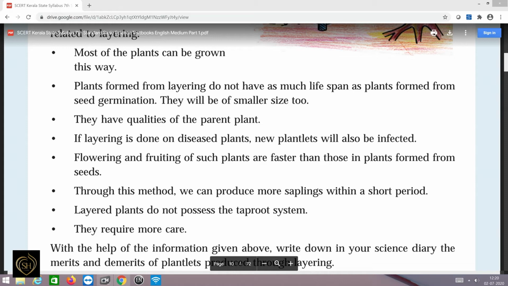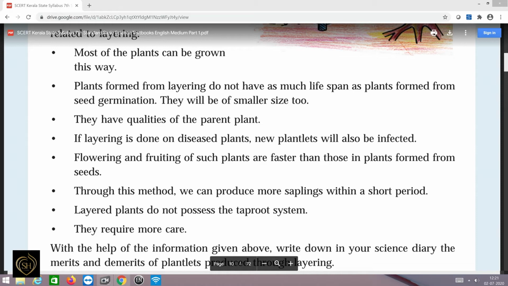The next one is that they will be of smaller size compared to plants formed from seeds. If layering is done on diseased plants, what will happen? The new plants will also be infected.